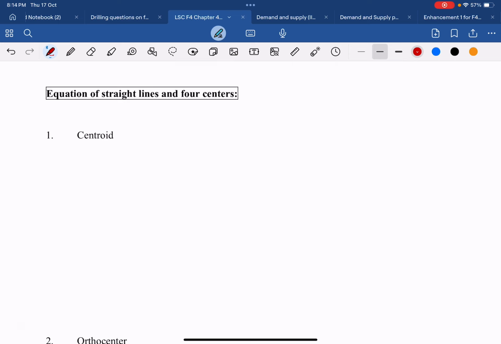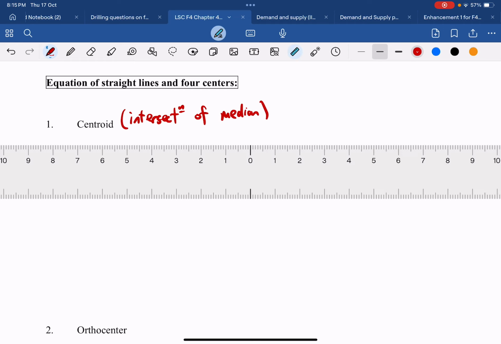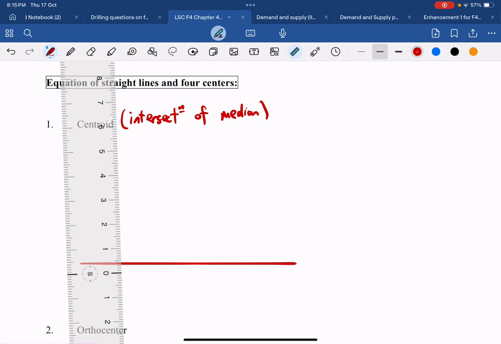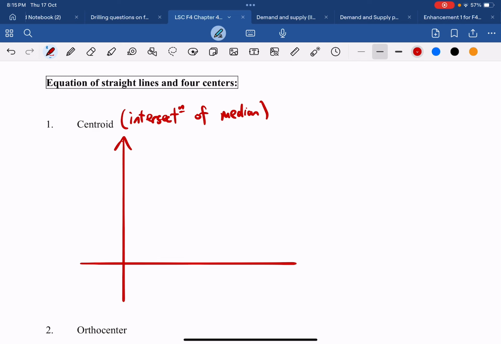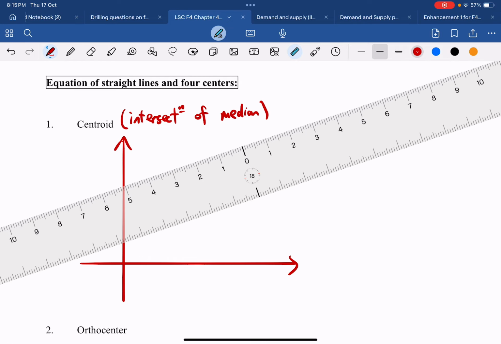Okay, so what's centroid? You know that centroid is the intersection, right, of medians. Okay, so let's try to draw a diagram. So I draw a triangle.